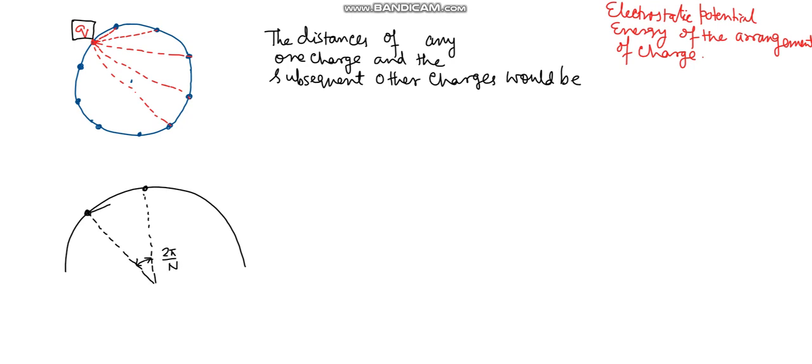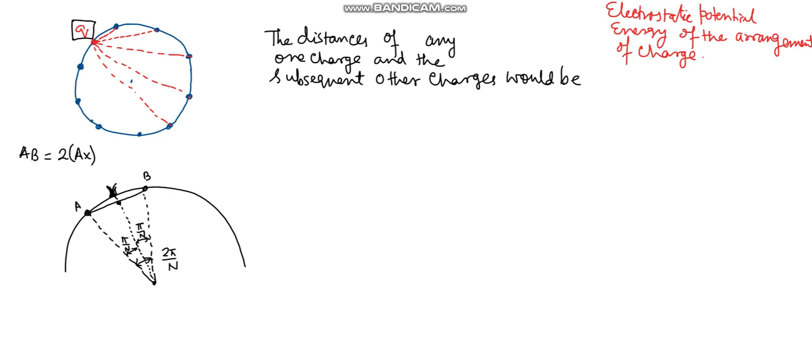Now if I join this and we draw a perpendicular from the center, then each of these two angles will be pi by n, pi by n. This is pi by n and the other one will be also pi by n. So what is this distance AB? This AB distance will be double of AX, if I put a point X. Now what is AX?